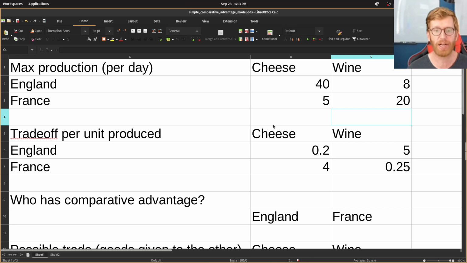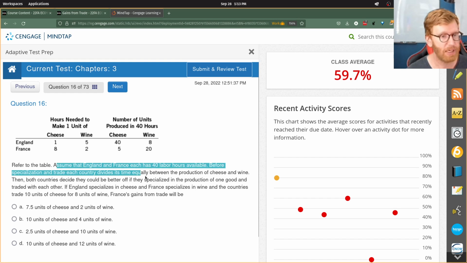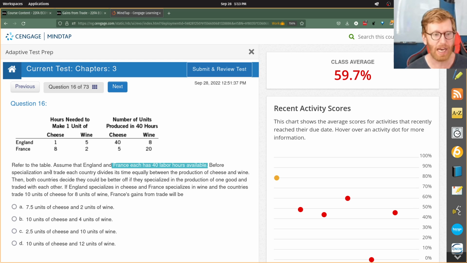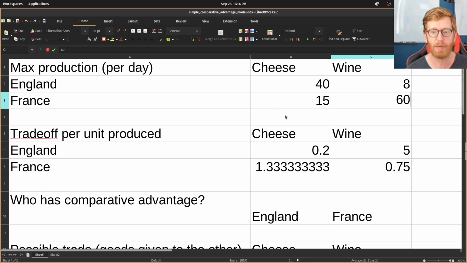So we've got our trade-offs here. Now let's think about these possible trades, right? So we've got this table. Assume they both have 40 hours available. We could say France has 120 hours available, and we just multiply these numbers, but we're still going to get the same trade-offs. So if we have 3 times as many French workers, that becomes 15, that becomes 60.